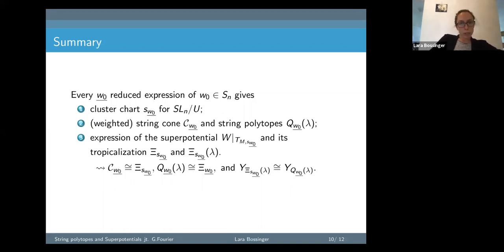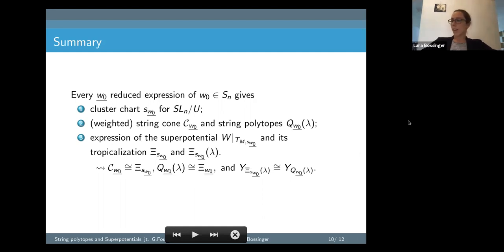Now, if I take the expression of the superpotential in the corresponding chart, that is the seed associated with a reduced word, and its tropicalization, then I get isomorphisms between the cones, that's the weighted string cone and the tropicalized superpotential, and as well between the polytopes. Oh, I'm sorry, there's some lambda missing here. So this is the isomorphism between the polytopes, and then an isomorphism between the toric varieties.